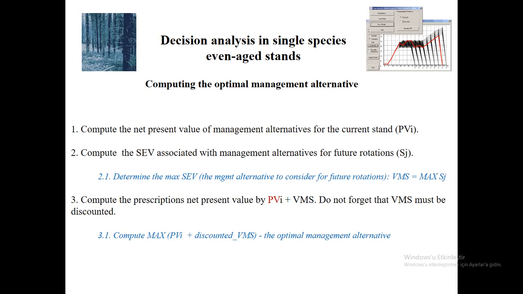And then we'll compute the prescription's net present value plus the discounted maximum value that comes from the alternatives. That will give us the value for a given management option. So we'll do this for a number of options that are to be evaluated and decide which option is best, okay?